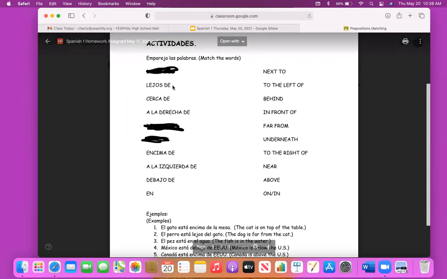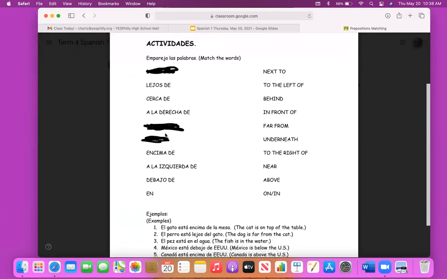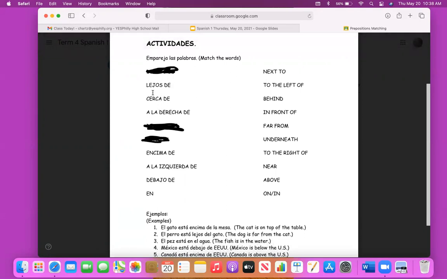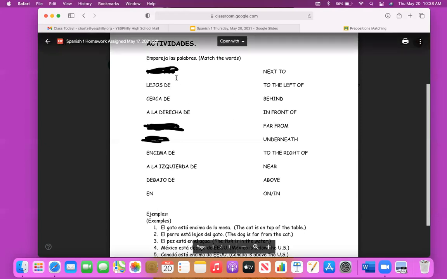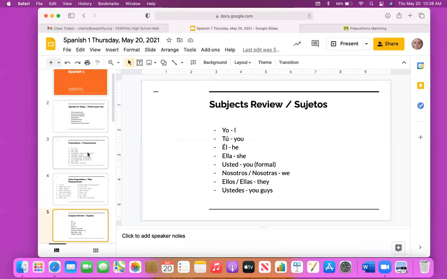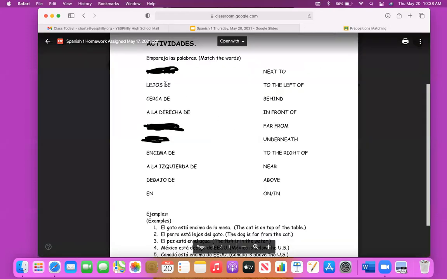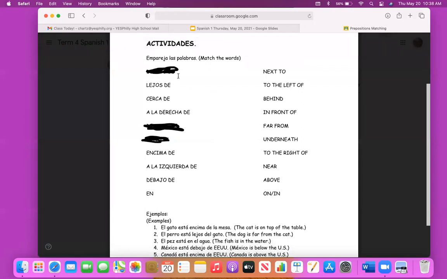There were 3 of them on here that weren't on our vocabulary list, so I just crossed them out because I didn't really like the definitions of them, but they weren't exactly what I thought they meant. So does anybody want to tell me what they put for these? Lejos de, right? Let's go back to our list here, is far from, right? So you would match lejos de with far from right here.